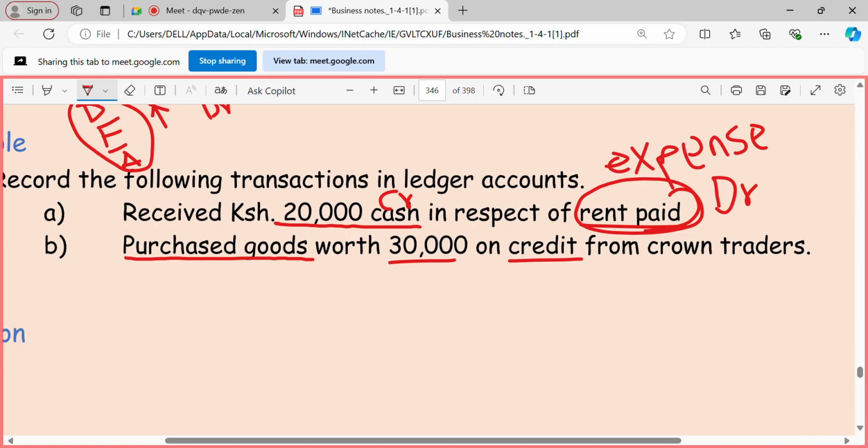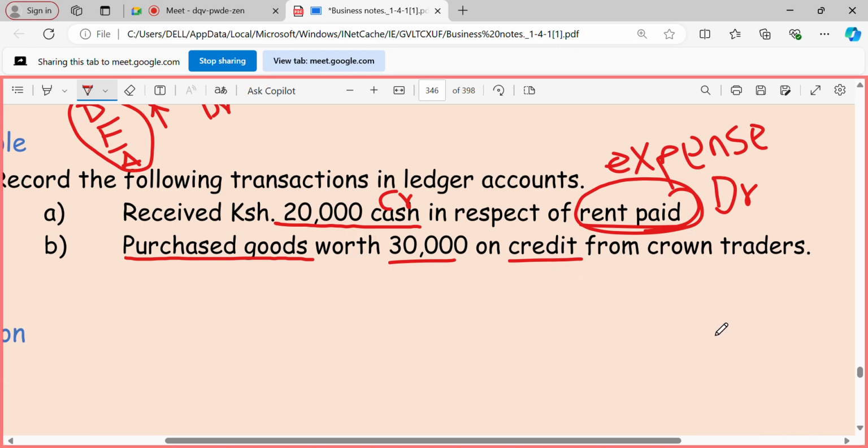So, being told that, let's look at this one critically. Purchased goods worth 30,000 on credit from Crown Traders. So, what has happened here is purchased goods worth that on credit, and credit from who?